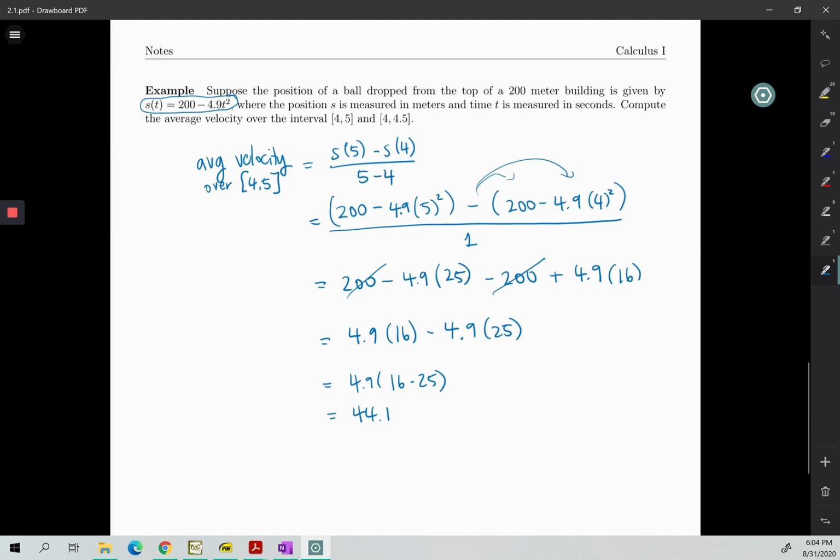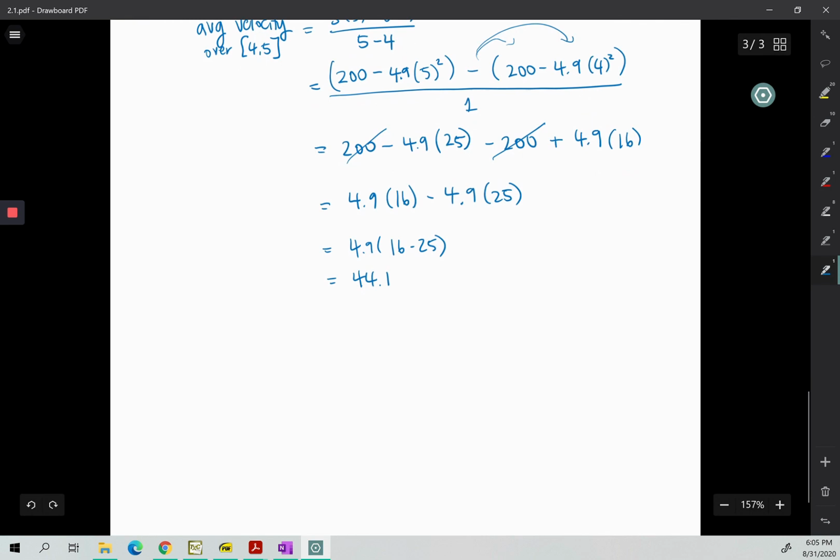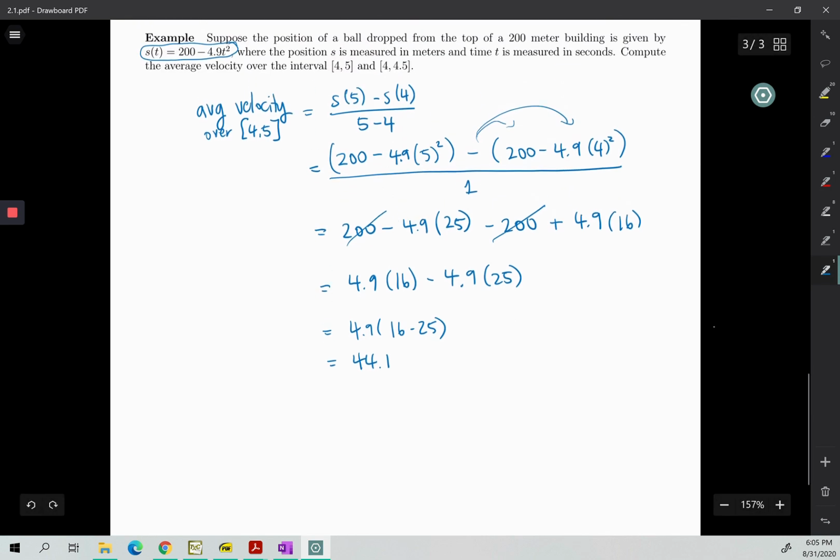I just think that the less complicated the thing you have to stick in your calculator is, the less likely you'll make a mistake, like dropping a parenthesis or something like that, which will change the answer. So just to avoid issues like that, I think it's good practice to simplify before you stick it in your calculator. Okay, so this would be, we have meters per second, right?